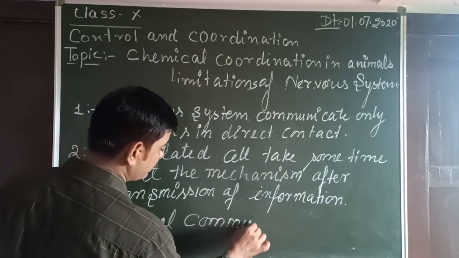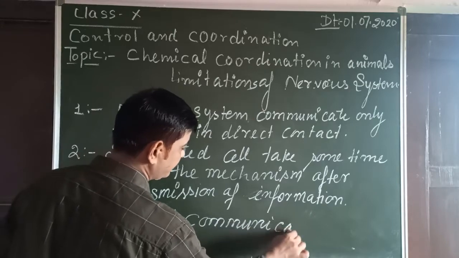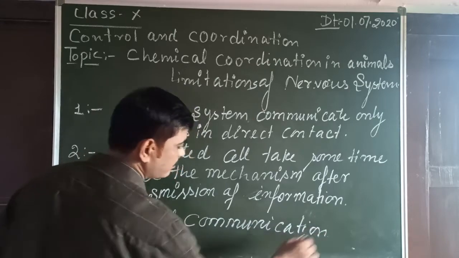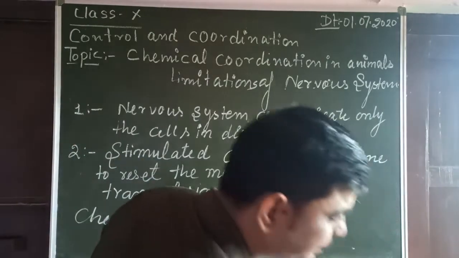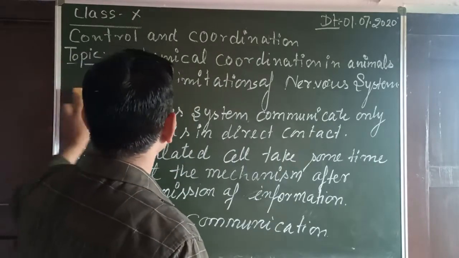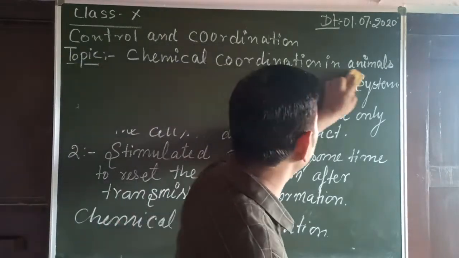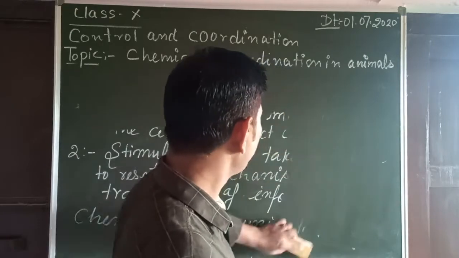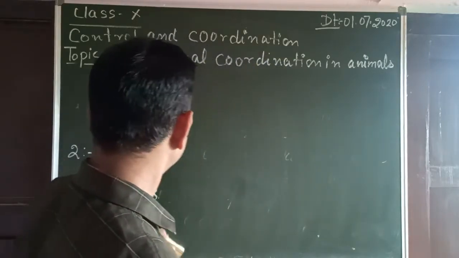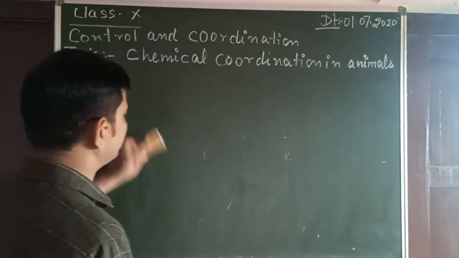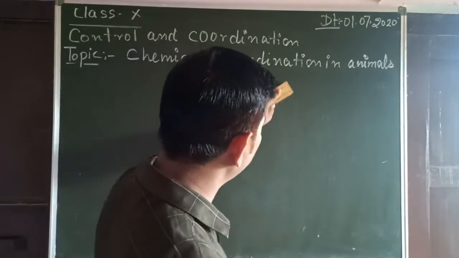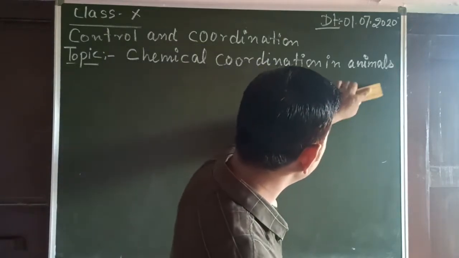What happens in chemical communication? Dear students, in chemical communication, a special body cell secretes certain kinds of chemicals into the blood.